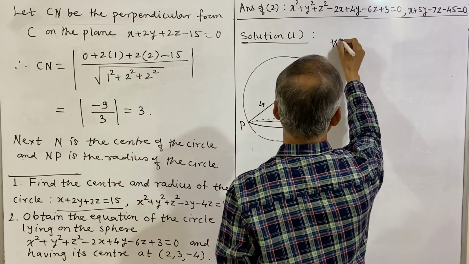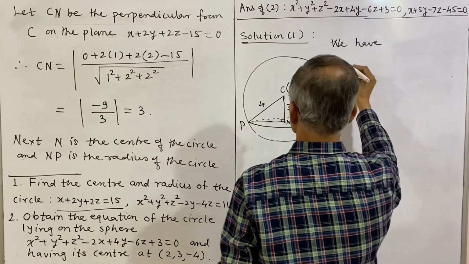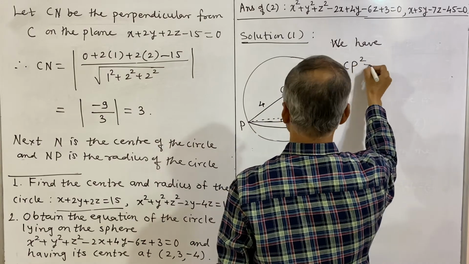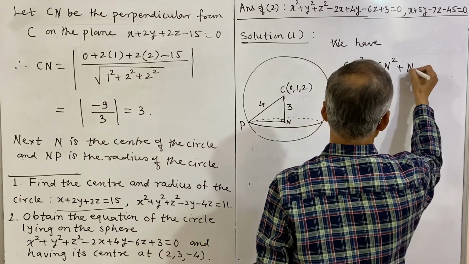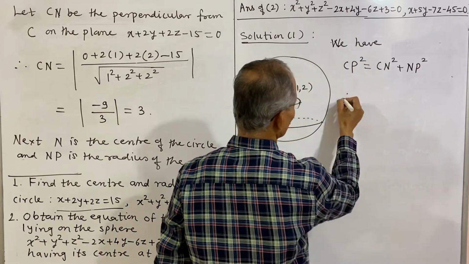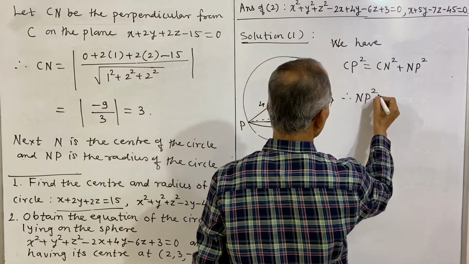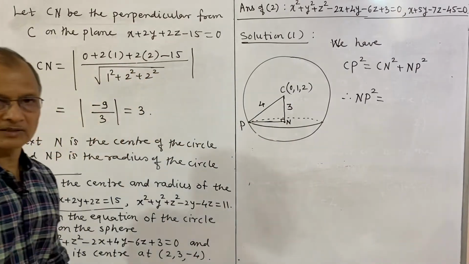Cp square is equal to Cn square plus Pn square, or Np square. That means Np square, we want Np square, that is the radius of the circle.